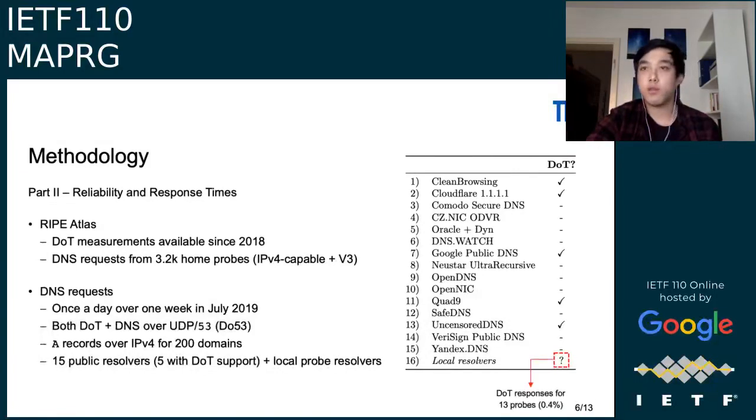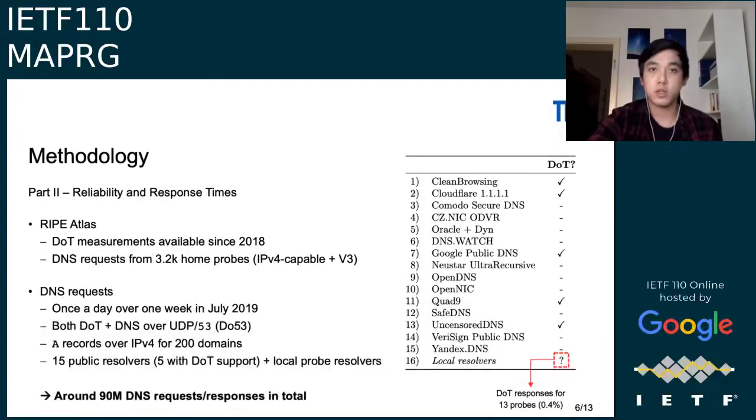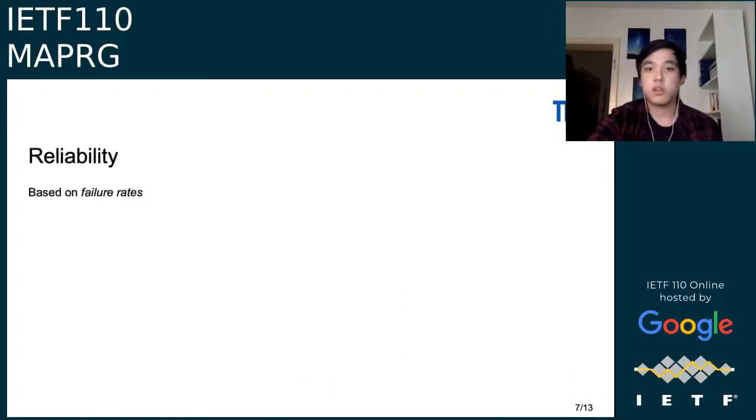And for those, we found that only 13 probes of the more than 3,000 probes that we initially used received a DOT response successfully from their local resolvers, which is roughly 0.4% only. Nevertheless, overall, we collected around 90 million DNS measurements in total, which we will have a look at in the upcoming slides. So, okay, first of all, for reliability.